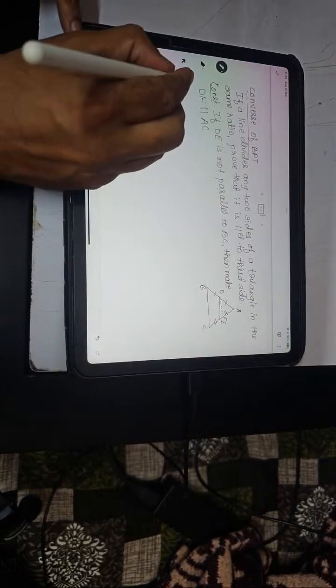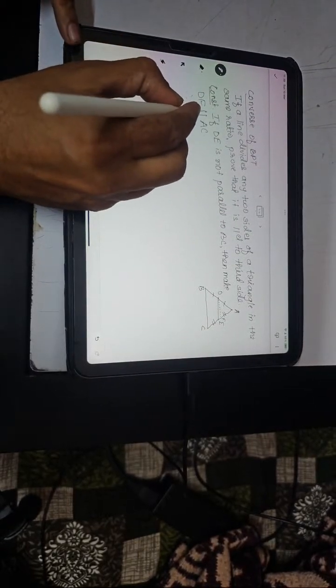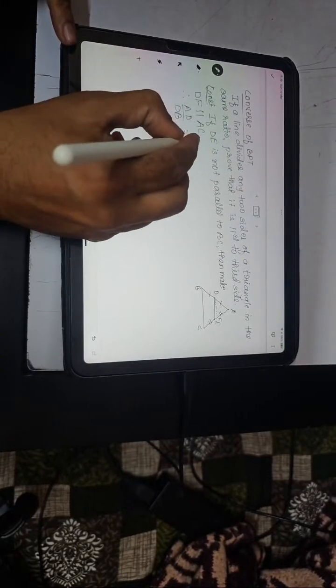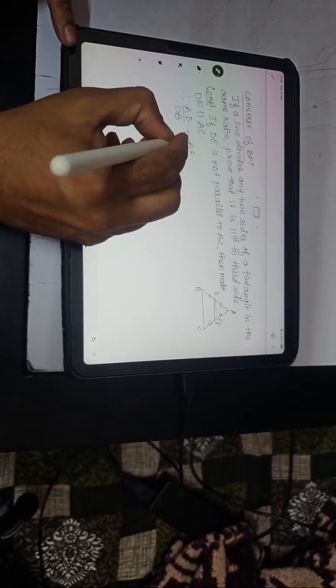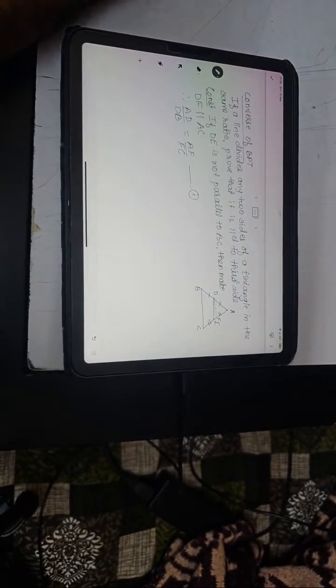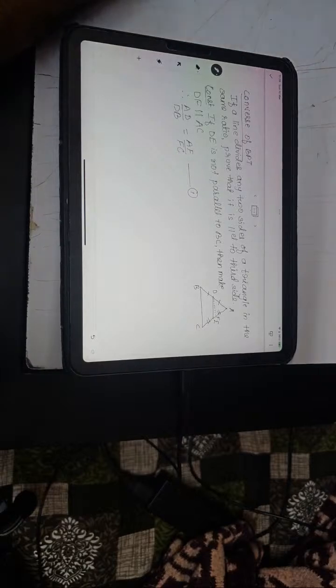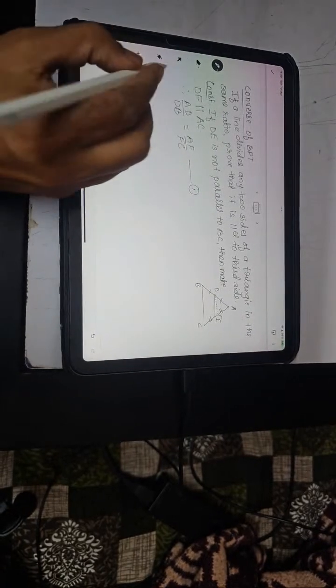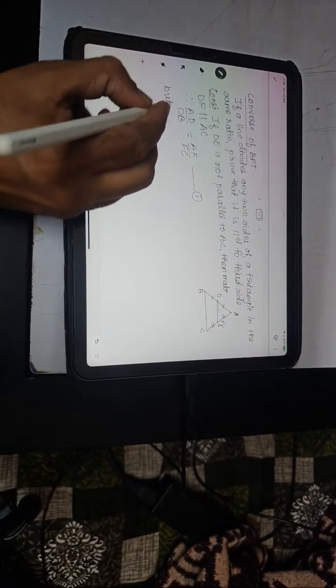So therefore, using BPT, can I say AD upon DB equal to AF upon FC? This should be there, the first point. But see, I am given what?